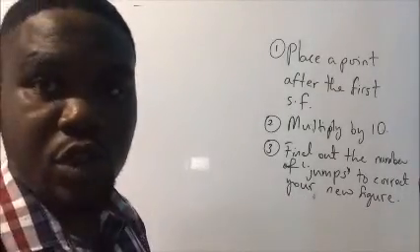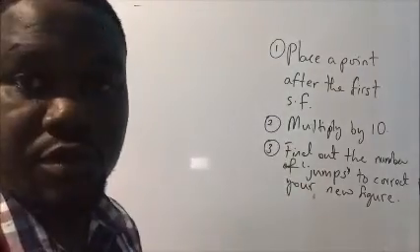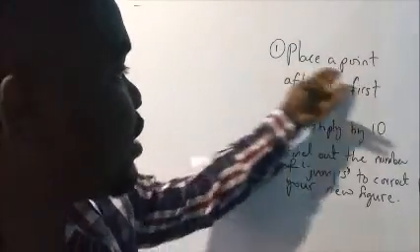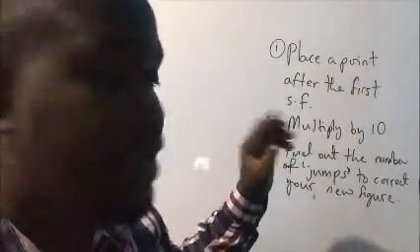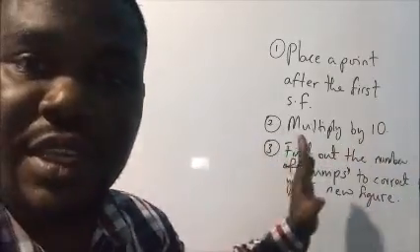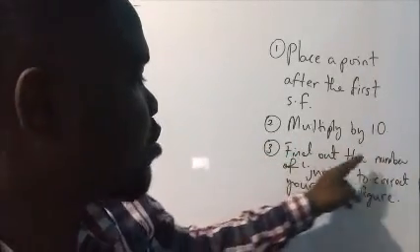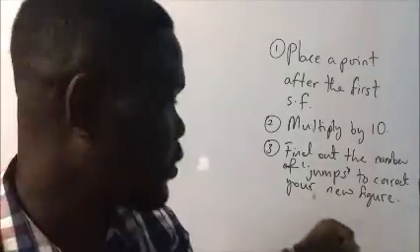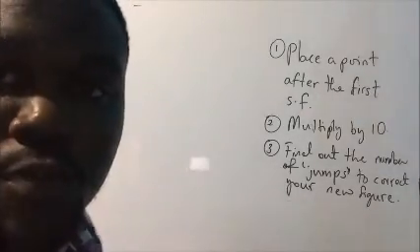Please, when you watch the video, you need to jot this down in your notes so that you can always remember. Step 1, place a point after the first significant figure. Step 2, multiply it by 10. Step 3, find out the number of jumps to correct your new figure. Very simple. So let us start.